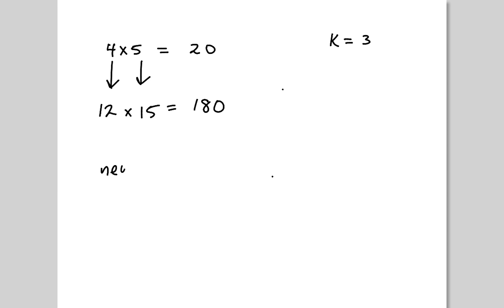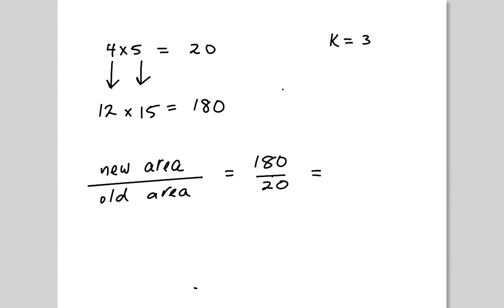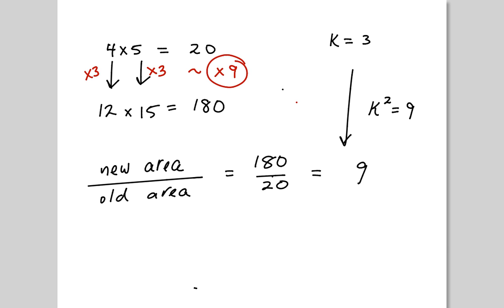Okay, so new area over old area, 180 over 20. Divide those. 9. How does it relate? K squared is 9. So why does the area get scaled by 9? Because you had to times by 3 here, and you had to times by 3 here. So in essence, you've timesed by 9.